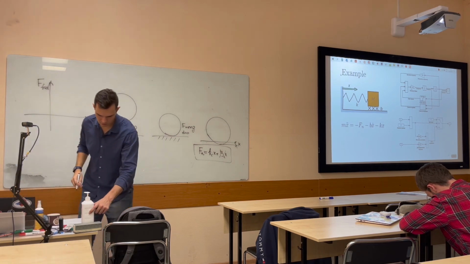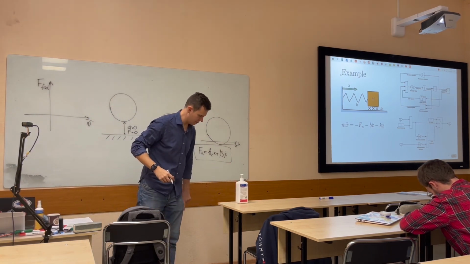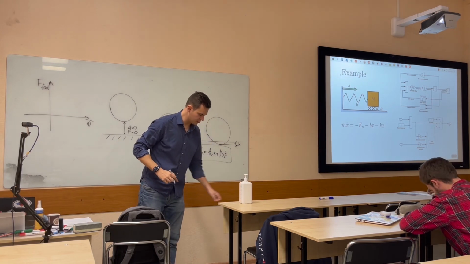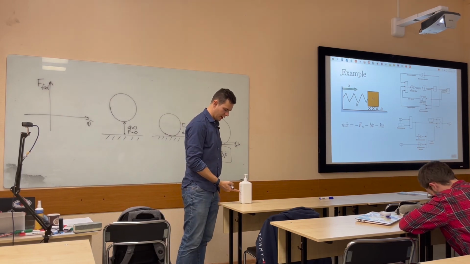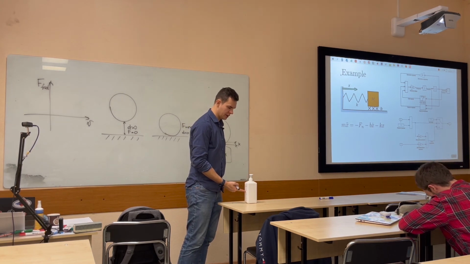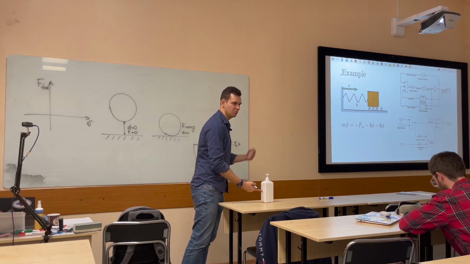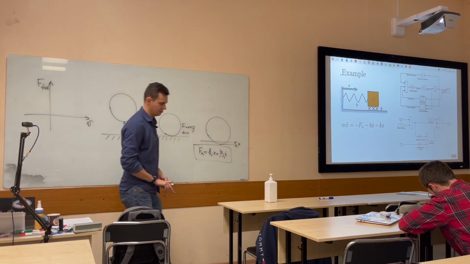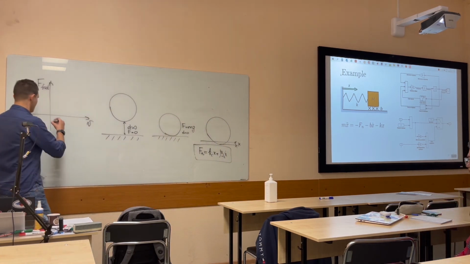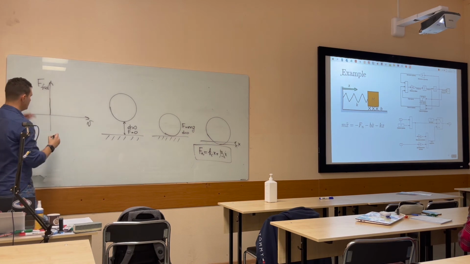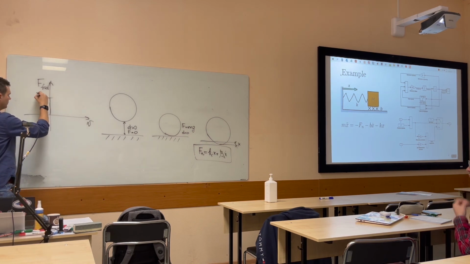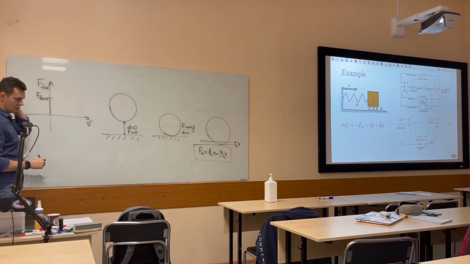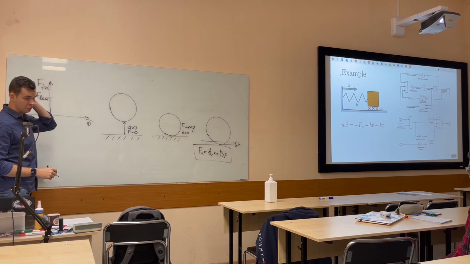So here is an object that I'm trying to push. The force that I'm applying in the very first moment of time is greater than I need to apply when the object is already moving. So here I need to apply a breakaway force to force the object to move.